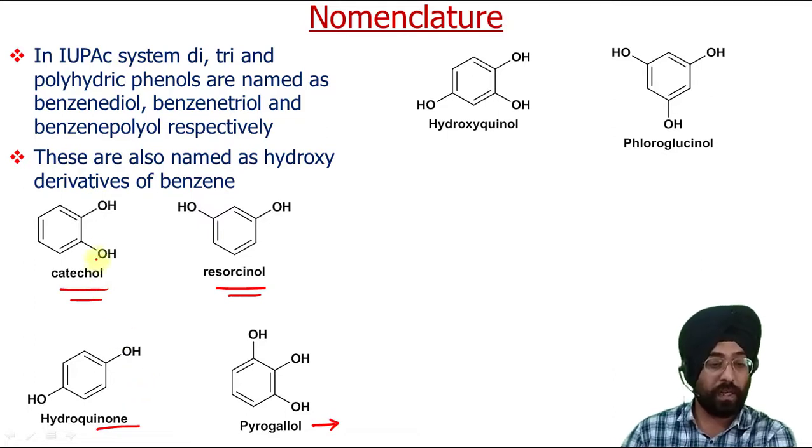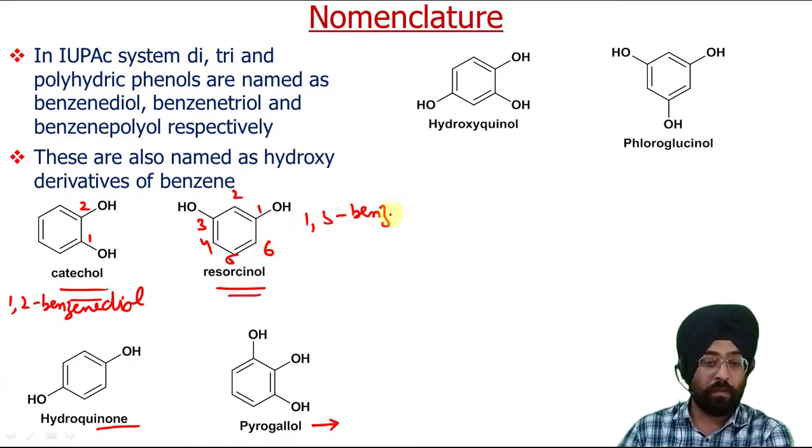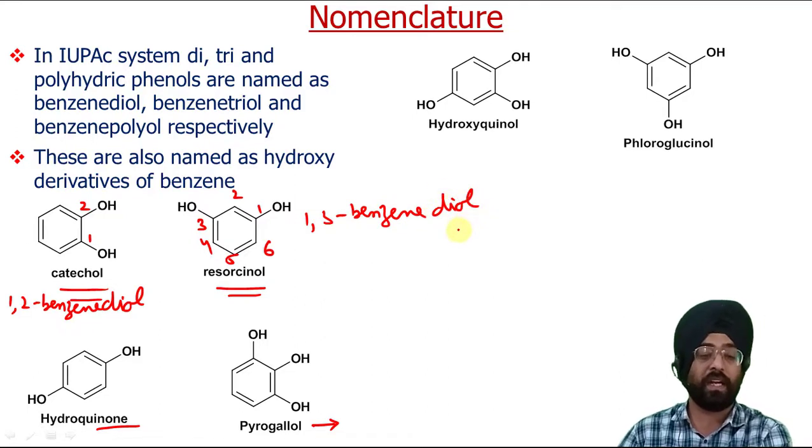So it is 1,2-dihydroxybenzene or 1,2-benzenediol. Then 1, 2, 3, 4, 5, 6, 1,3-benzenediol, or we can also call it 1,3-dihydroxybenzene. You can give any name.